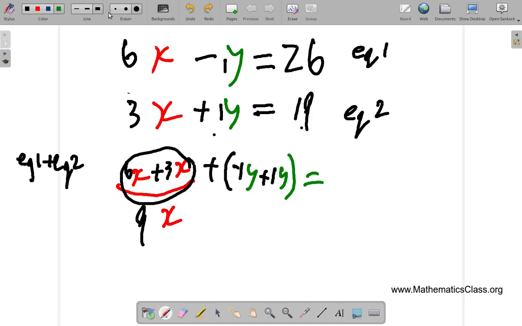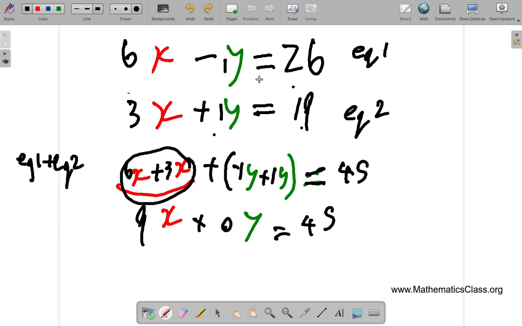Let's finish this off. 19 plus 26 is what? 26, 36, 46, 45. So let's see what happens with the y here. Negative 1 plus 1 is what? 0. Y was eliminated, equals 45. So y was eliminated here, right?